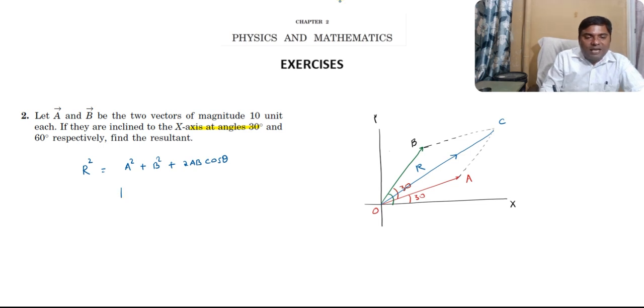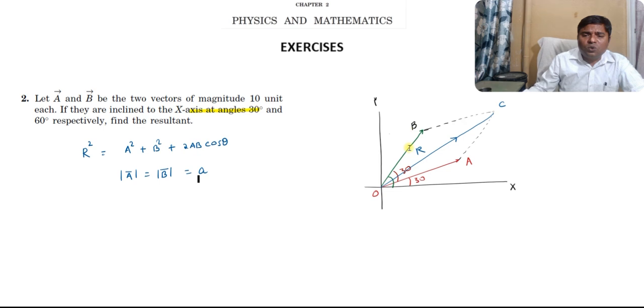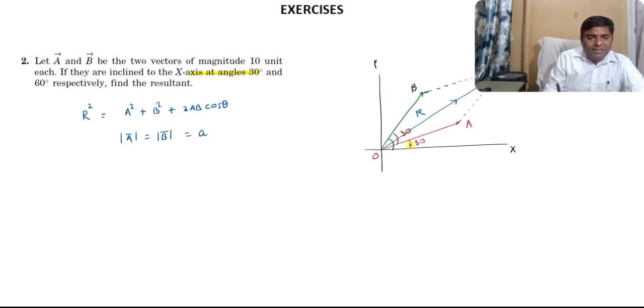Now, as the magnitude of vector A is equal to the magnitude of vector B, suppose this is equal to small a. So we can write R square is equal to a square plus a square plus 2a square cos theta, where theta is the angle between the vectors.